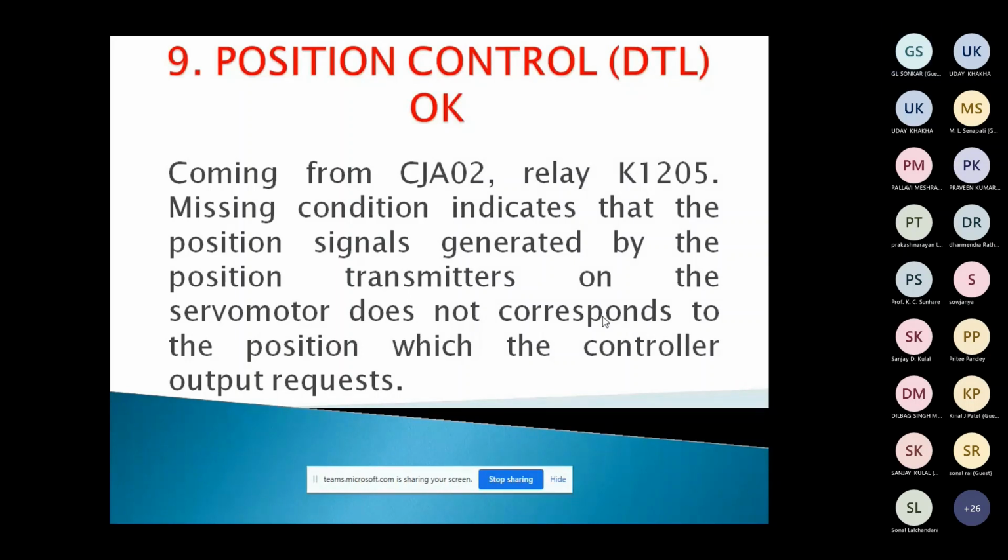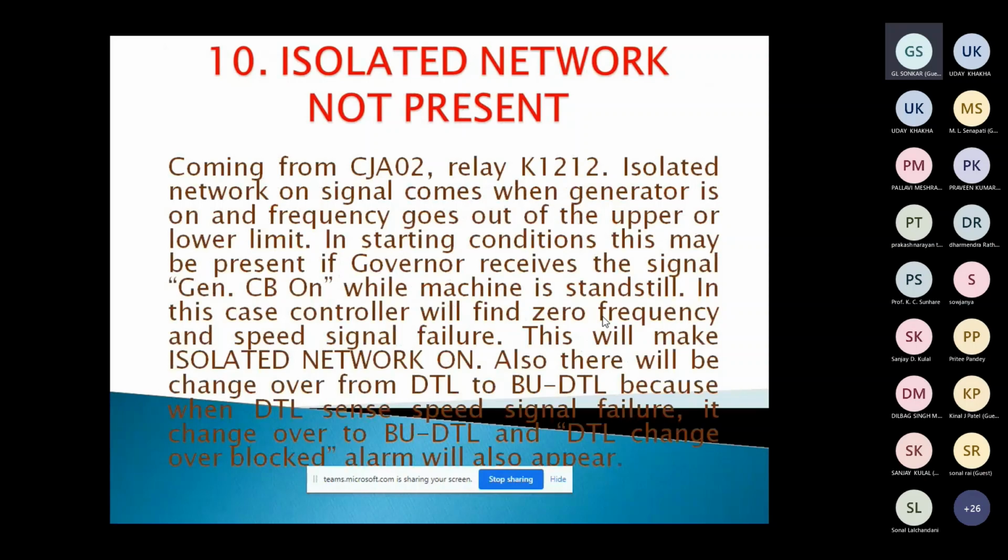It does not correspond to the position with the controller output request. That means position failure is there. The controller output request, and the position transmitter installed on the servo motor, do not correspond to the position that you want. If that is not matching, this position will be missing. Then one is isolated network.